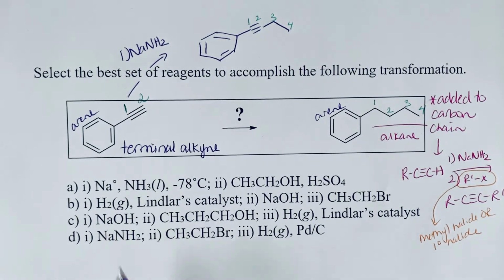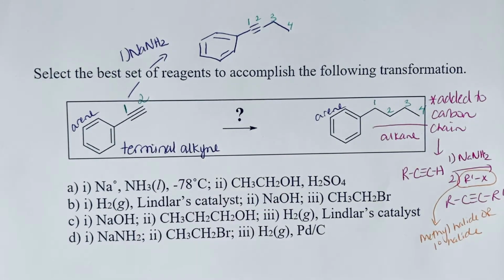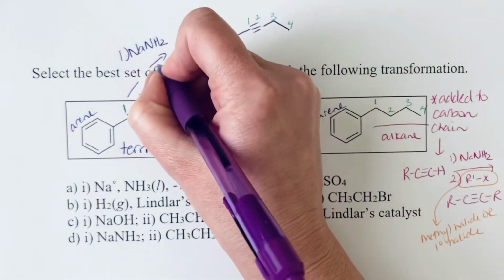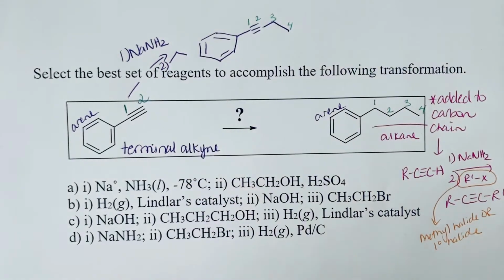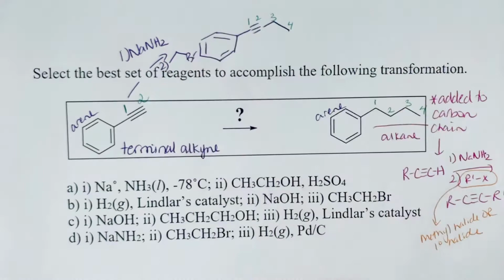Something like sodium hydroxide, that we see appearing in one of these options, is not a strong enough base to react with the terminal alkyne. And so we need a 2 carbon atom chain. So that means that we need a 2 carbon atom alkyl halide, so something with 2 carbon atoms and, say, a bromine.